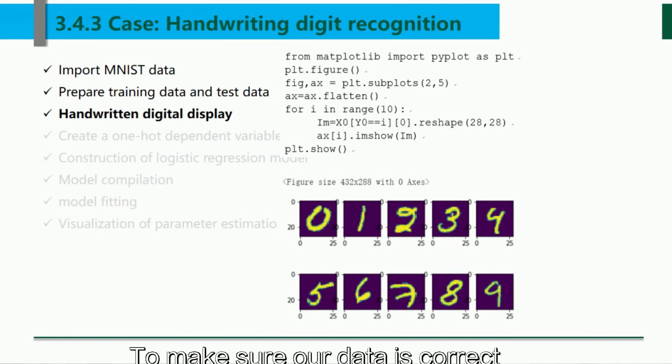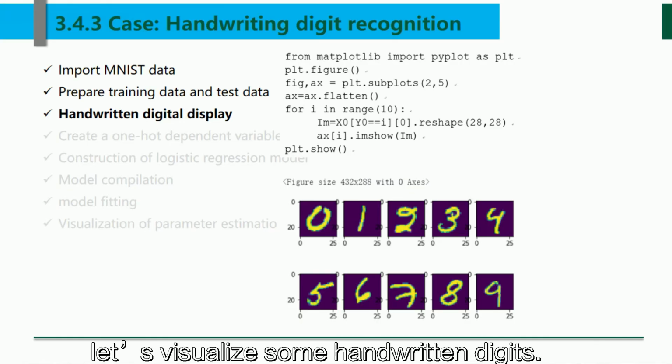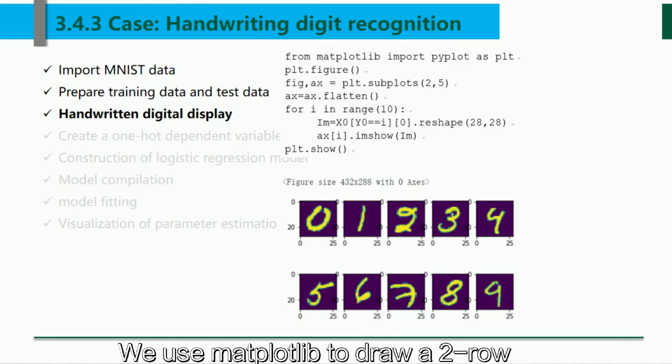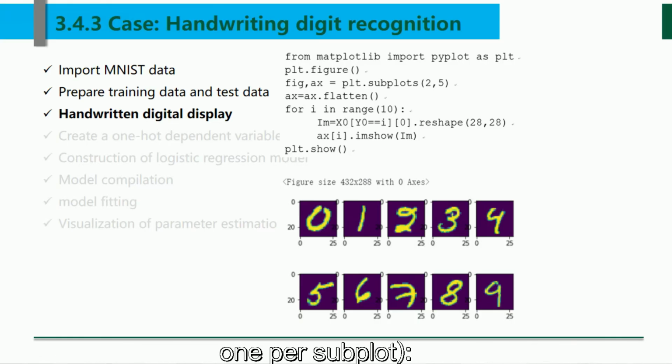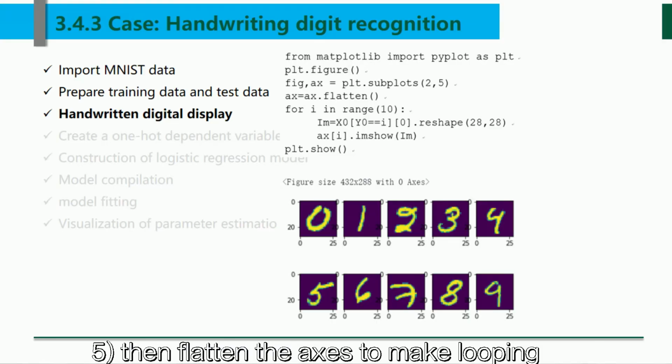To make sure our data is correct, let us visualize some handwritten digits. We use Matplotlib to draw a 2-row, 5-column figure so we can show digits 0 to 9, one per subplot. Create the figure and axes: fig, ax = plt.subplots(2, 5). Then flatten the axes to make looping easier.